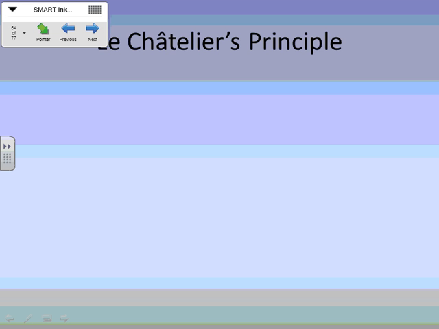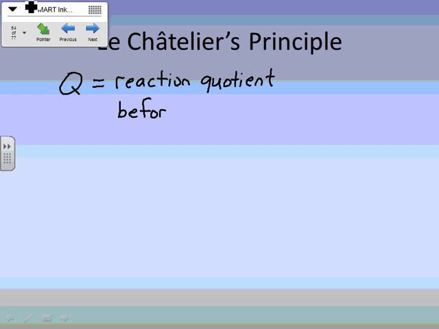There's a difference between Q and Le Chatelier, okay? So I want to be very clear about this. You guys remember what Q is from yesterday when we talked about that? What is Q exactly? Okay, so what is called is the reaction quotient. And Q is before equilibrium is reached.